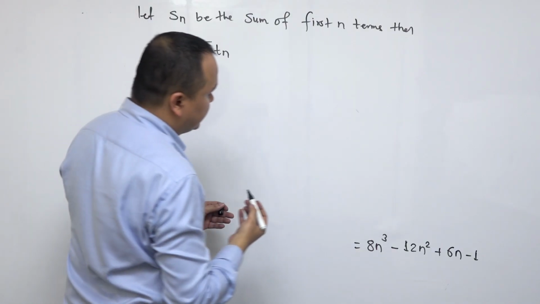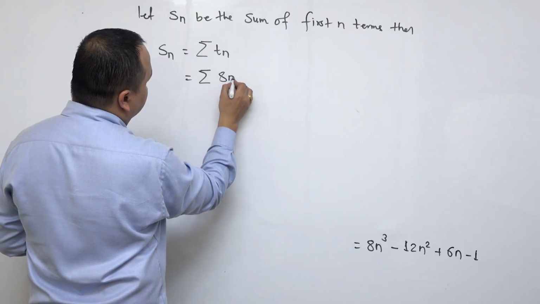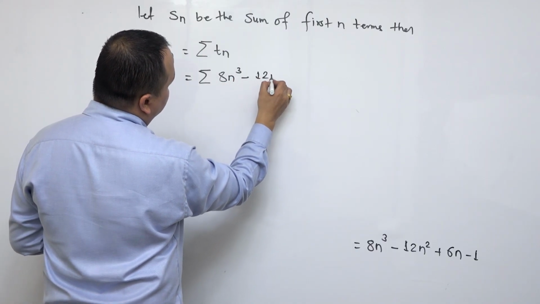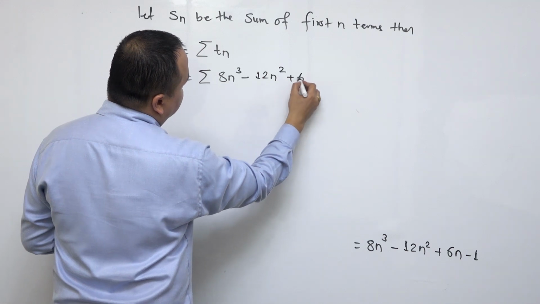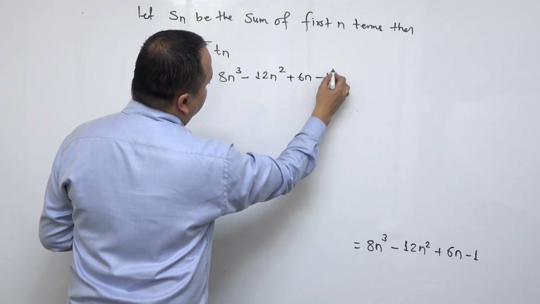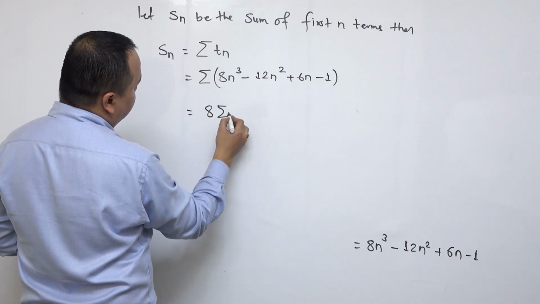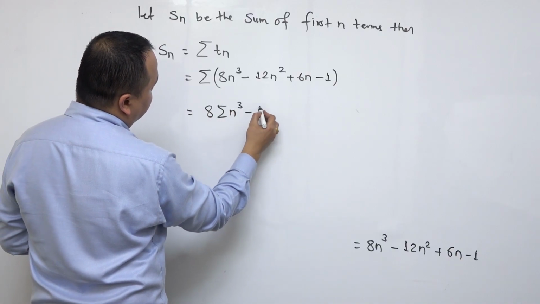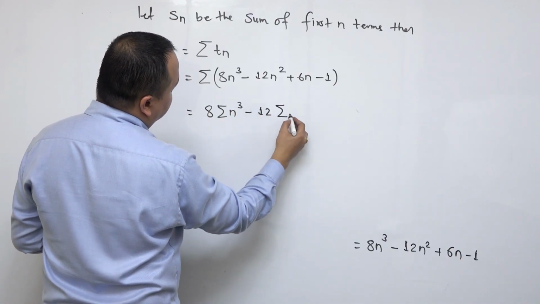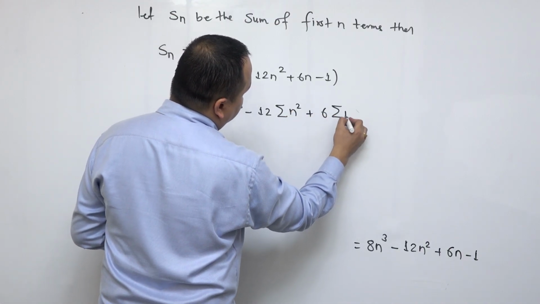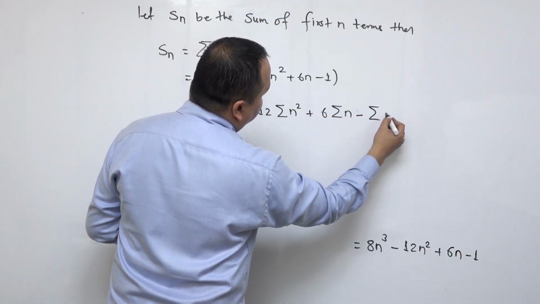Summation, we have Tn as 8n cube minus 12n square plus 6n minus 1. This is 8 times sigma n cube minus 12 times sigma n square plus 6 times sigma n minus sigma 1.